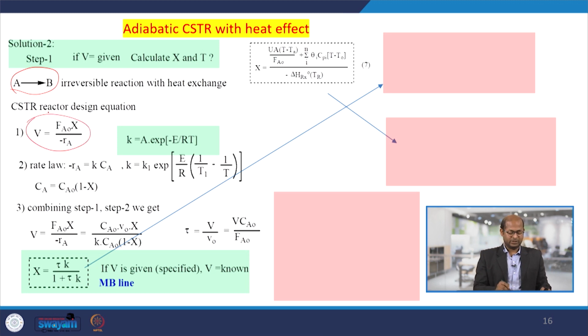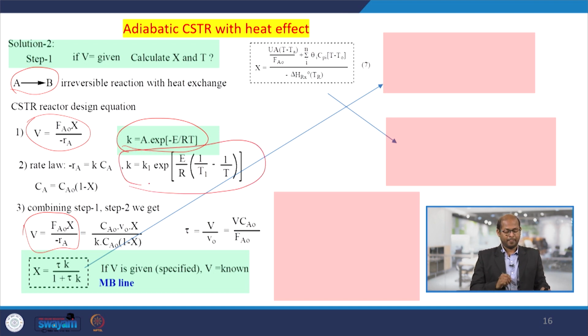This is the design equation. This is the rate constant for this particular reaction. The rate constant we can write or expand this way, and we can put this rate here, this K here, and this Ca here.